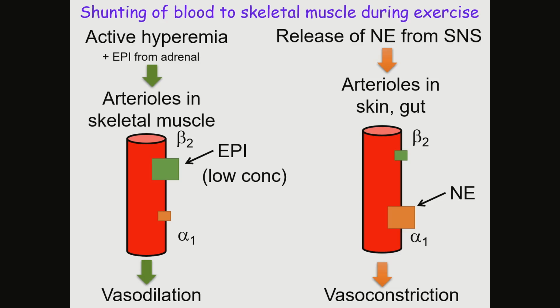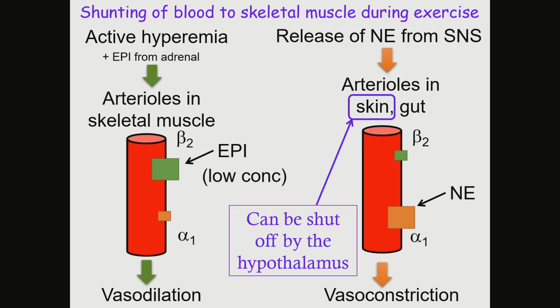There's a lot of blood that goes to the gut, so you can get a lot of shunting of blood from the gut to skeletal muscle. What about skin? When I'm exercising, I might need to get rid of a lot of heat, and getting rid of a lot of heat involves vasodilation.